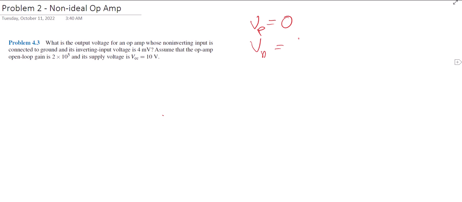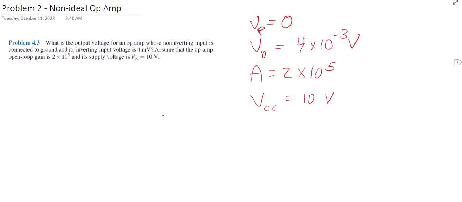So Vn is 4 times 10 to the negative 3 volts. Assume that the op-amp open loop gain, A, is 2 times 10 to the 5th. And that its supply voltage, VCC, is 10 volts. And it wants to know what is the output voltage.